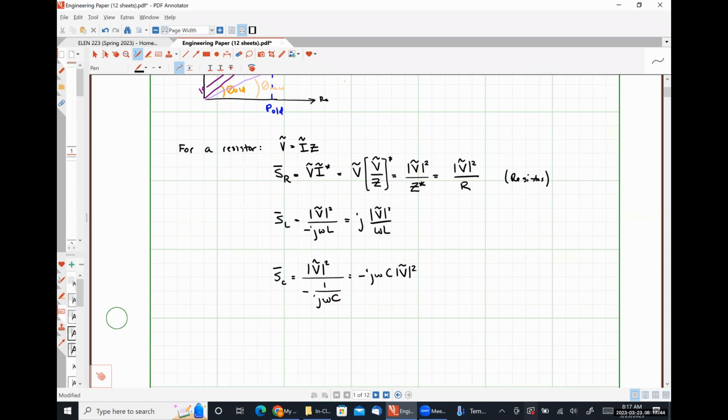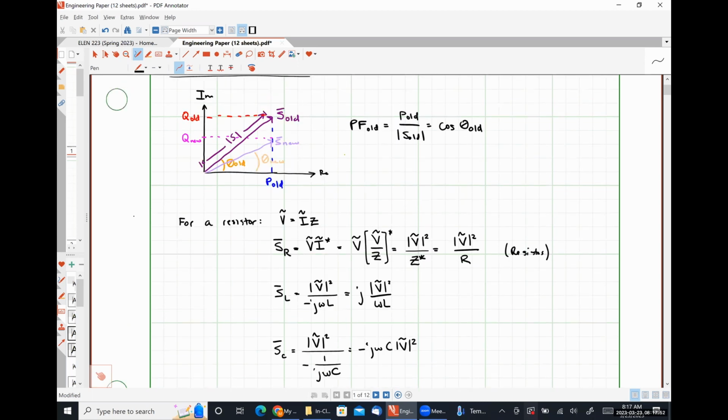So we have a complex number, which is what we're looking for, and it has to be negative, which is also what we're looking for, because we want Q to get smaller. So in order to perform power factor correction for an inductive load, which is what the overwhelming majority of industrial loads are going to be, we're going to need to add some capacitance to our system. Okay. So power factor correction relies on us adding some capacitance.